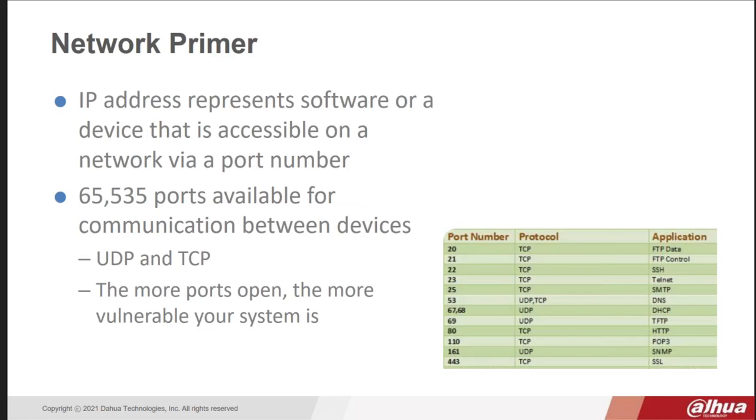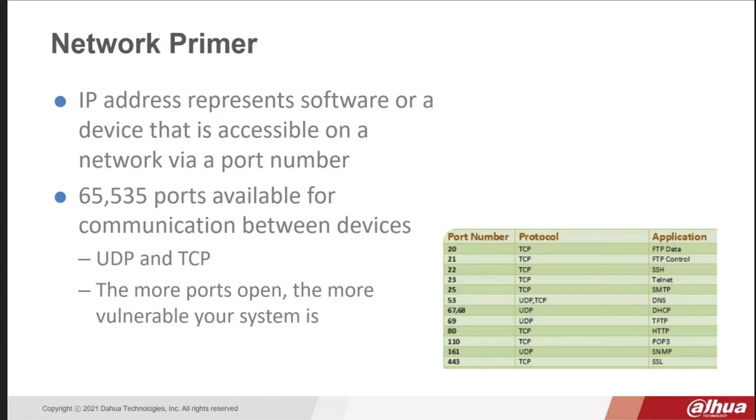So to really appreciate some of the features that we're going to talk about next, we'll just do a quick little internet primer. An IP address, of course, represents software or a device that allows access on a network, but via a port number.